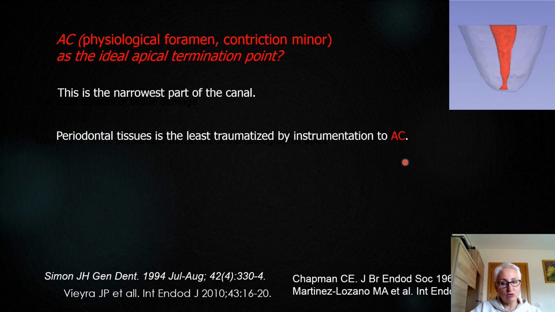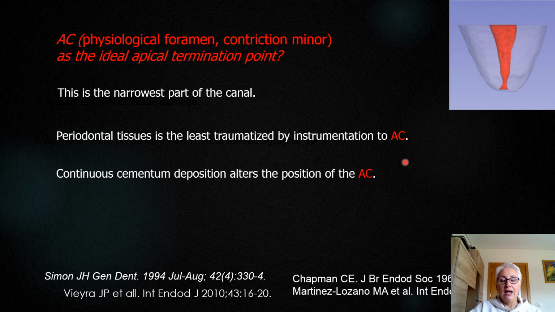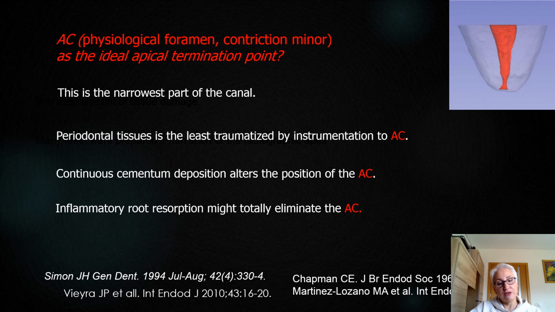As with the apical foramen, in cases of cementum deposition, the position of the apical constriction could be altered compared to the radiographical apex. And some pathological conditions can eliminate the apical constriction, as they can the apical foramen too.